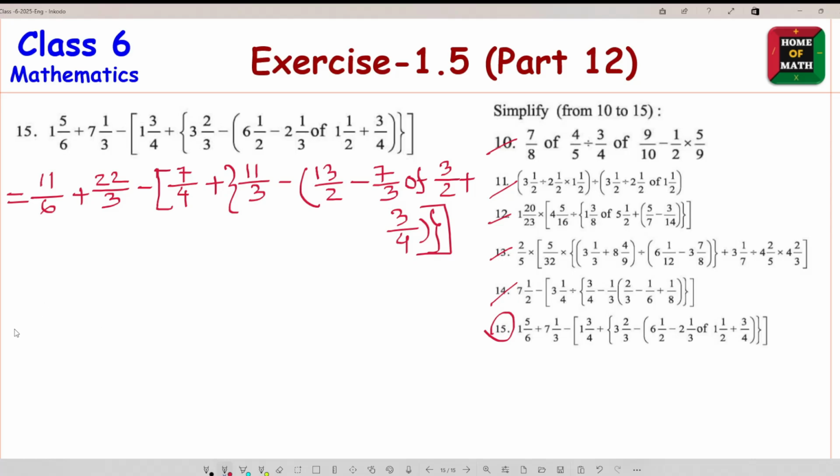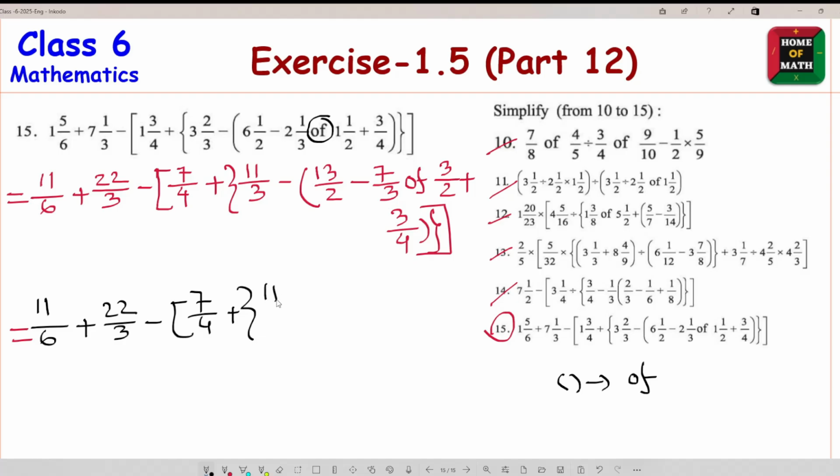Okay. Now what should I do? Look, we know first bracket, second, here is an important operation which is of. So our next priority should be of, right? So we can write 11 by 6 plus 22 by 3 minus 7 by 4 plus, second bracket start, 11 by 3 minus, here is 13 by 2 minus.